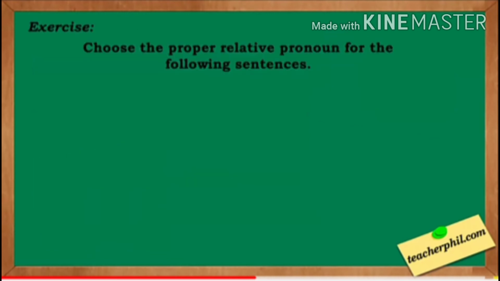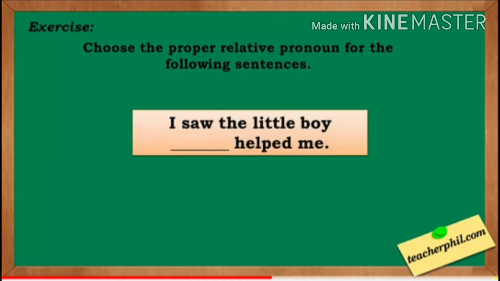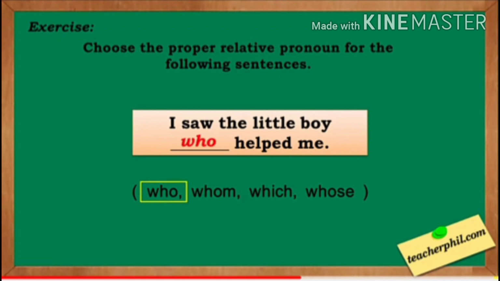For our exercise, choose the proper relative pronoun for the following sentences. The first one: I saw the little boy blank helped me. Is it who, whom, which, or whose? The correct answer is who. I saw the little boy who helped me.